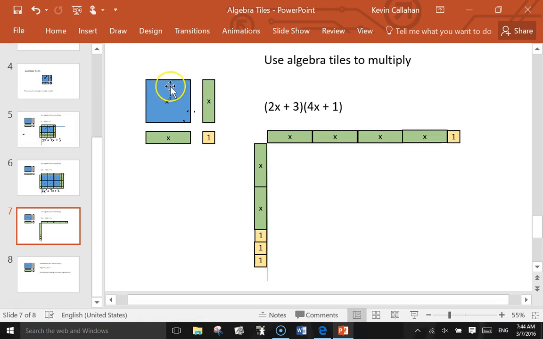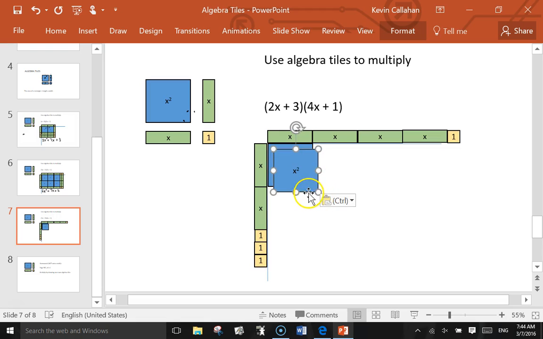I think it doesn't work if I do it like that. Okay, Control C, Control V. Of course. So I got to put 1, 2.